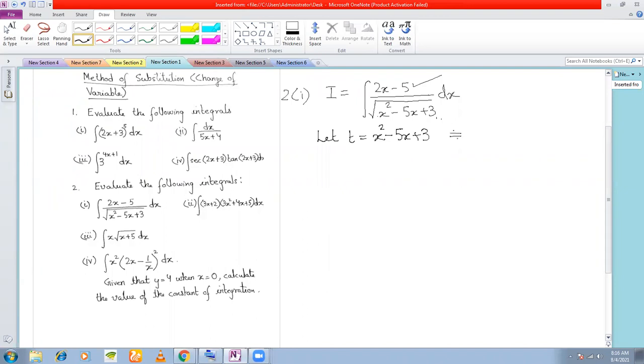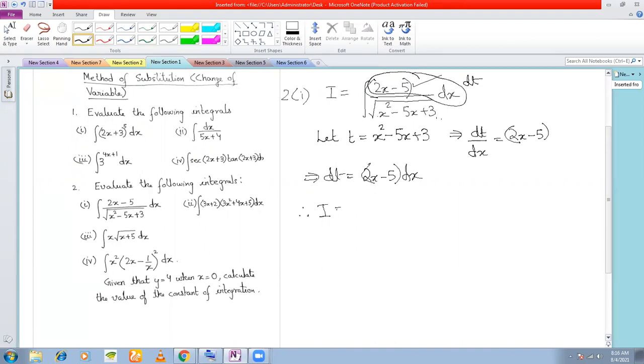So now, since t is a function of x, you have dt/dx is equal to 2x minus 5. That means dt is equal to (2x minus 5) dx. Now see what is happening here. See this 2x minus 5 here. This entire part, (2x minus 5) dx, becomes your dt.